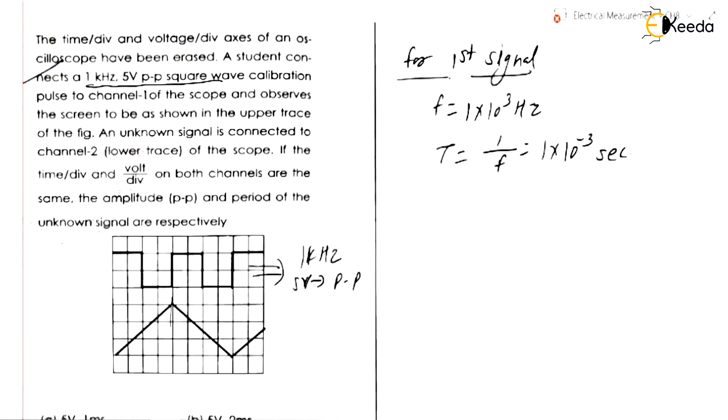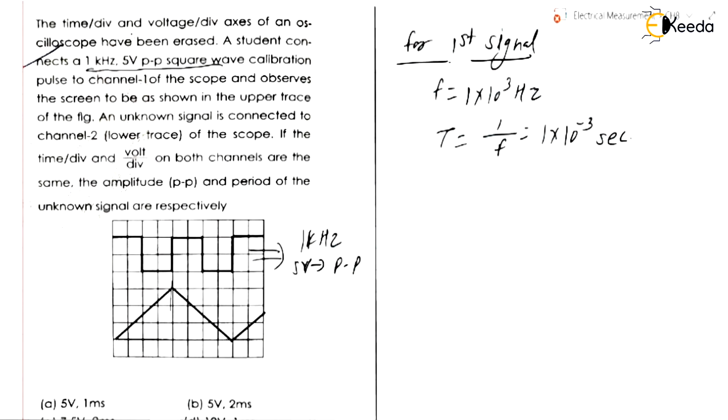Now if you check horizontal, this first signal is starting from this instant and it is completing one cycle at this instant, because after this interval, the same signal is repeating. So this is the time period of the signal.